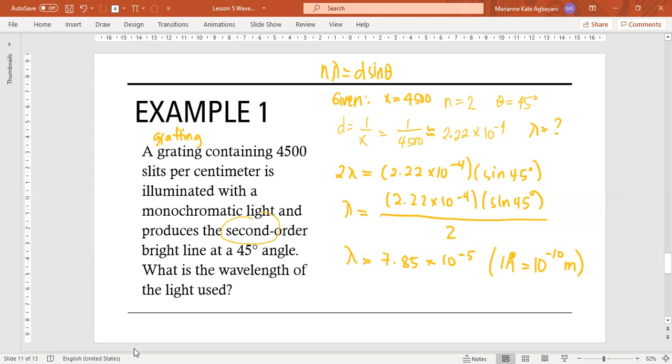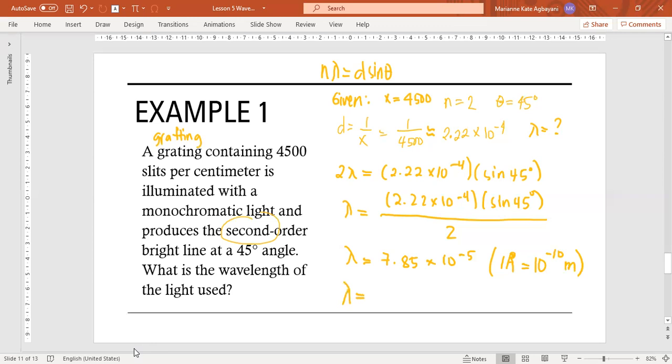Now, we need to convert this into angstrom. So our wavelength will be 7.85 times 10 to the negative 5 divided by 10 to the power of negative 10.